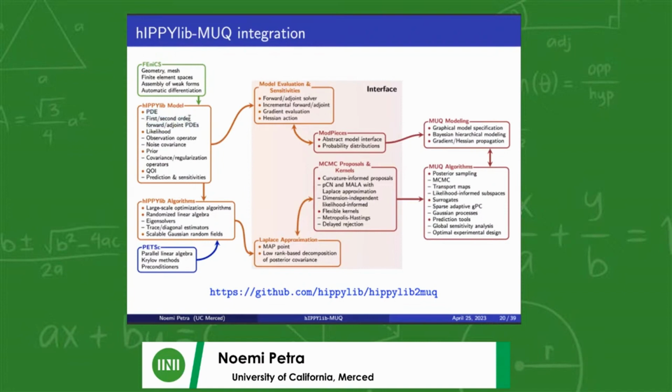We have first and second order derivatives, and so adjoints. We define the likelihood. We have an observation operator built in. This will allow you to choose what kind of observations, if you want pointwise observations or observations everywhere or parts of the domain and so on and so forth. You can define the noise covariance. You can define the prior.